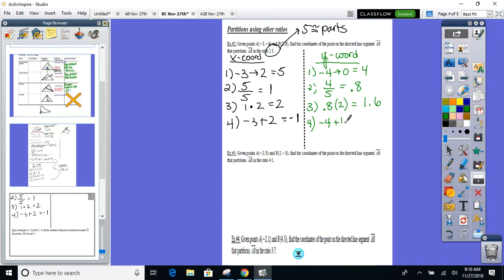Add on 1.6. And where do I end up on the y-axis? -2.4, yep. Put the 2 together. Where's my partition point of 2 to 3? -1, -2.4. That's the point.